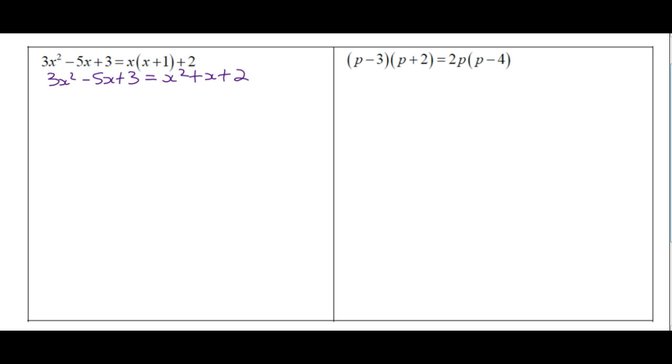Now we need to move everything over to the left side. So why don't you give that a try? Rearrange it. Move the right side over to the left side. And make sure that the right side is equal to 0. So write your next expression. Might look something like this.